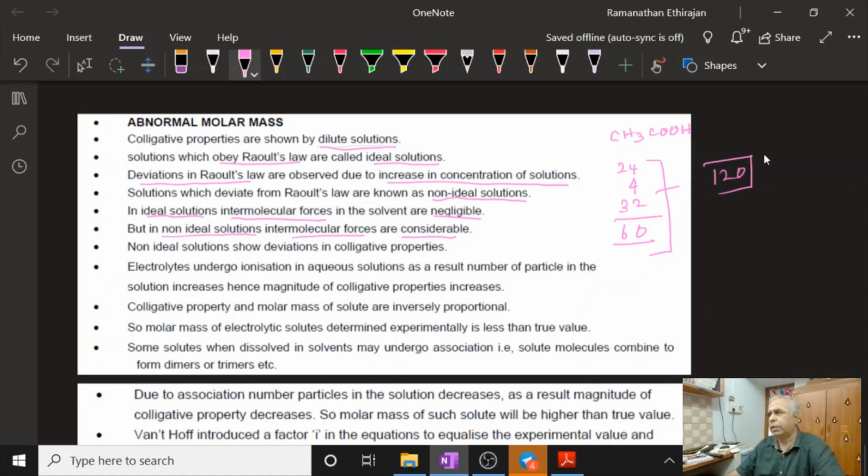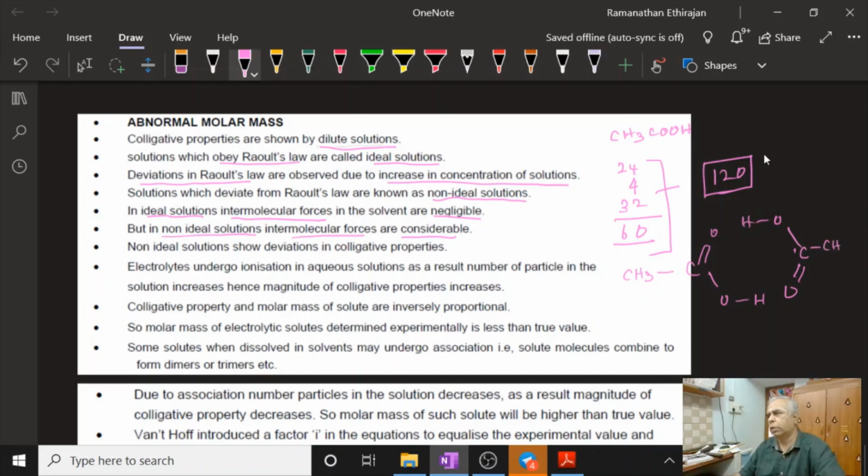So it means that there is some difference. This is because of association of acetic acid. Being a dimer, this colligative property has been mistaken as that of a single molecule. So let us consider CH3COOH: CH3, C double bond O, OH, and let us consider another CH3COOH, like this, CH3, C double bond O, OH.